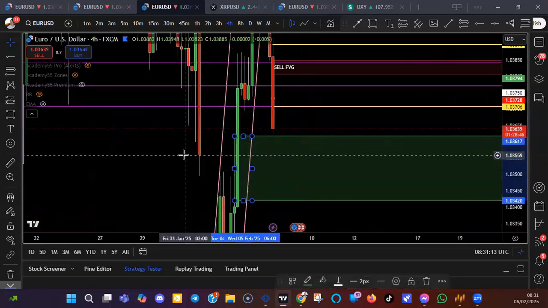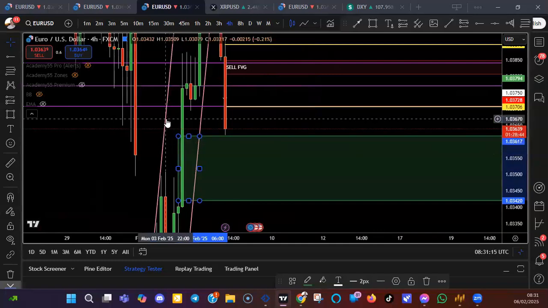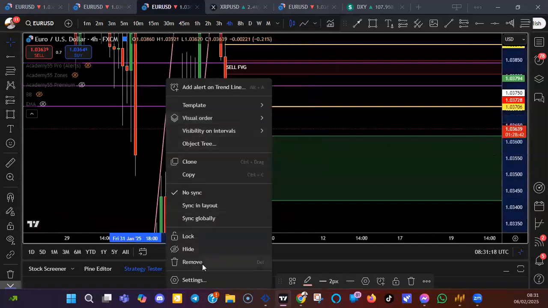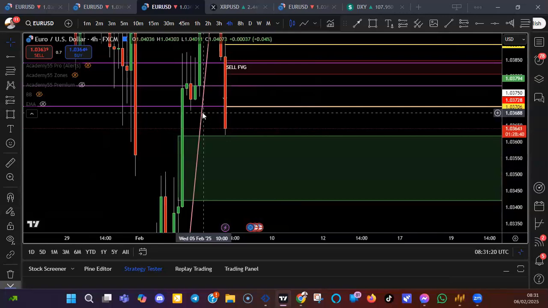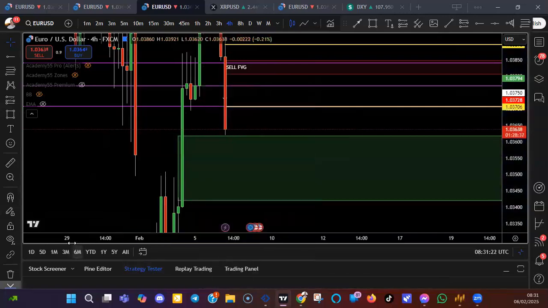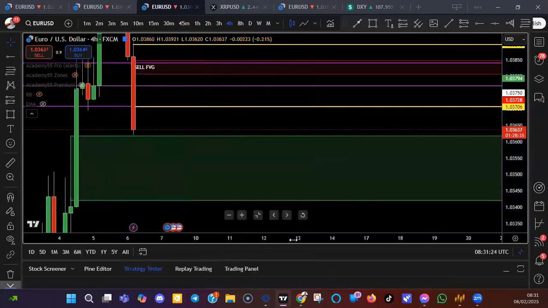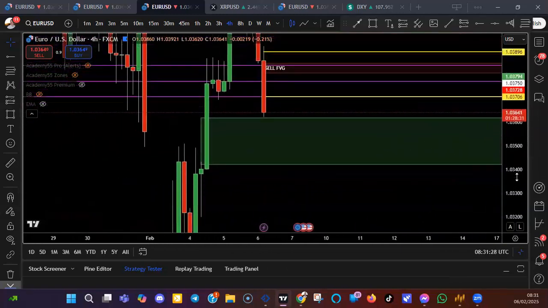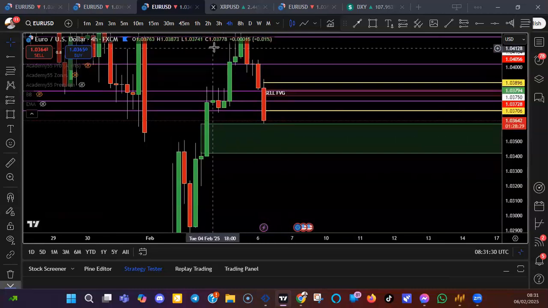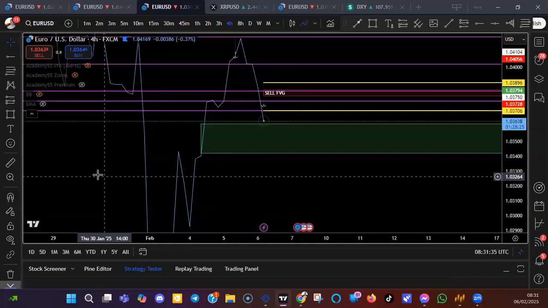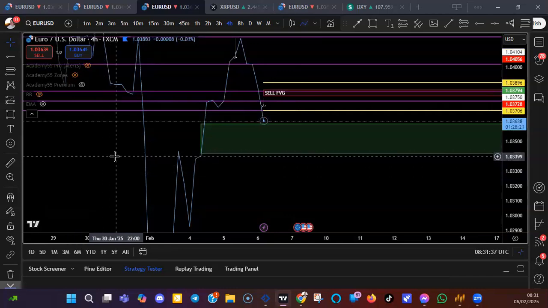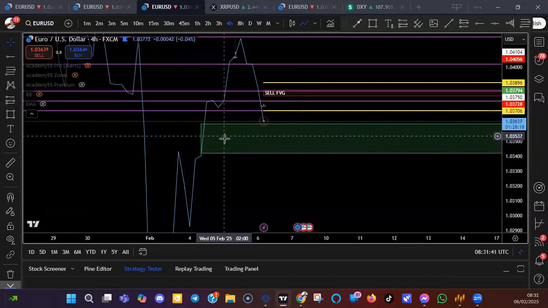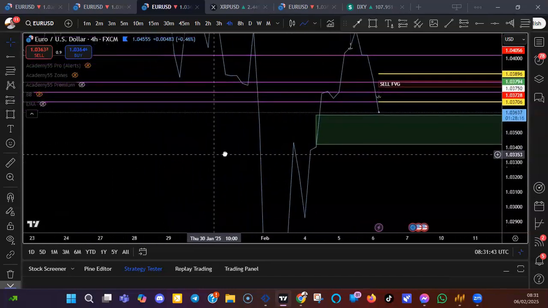I notice I've got my trend lines, which I no longer need, so I'm going to get rid of them just to clean up the charts. So I'm going to remove those. And I'm going to put it down onto the line chart again. Now down here is a fairly important area, but we've got all this imbalance here now as well.